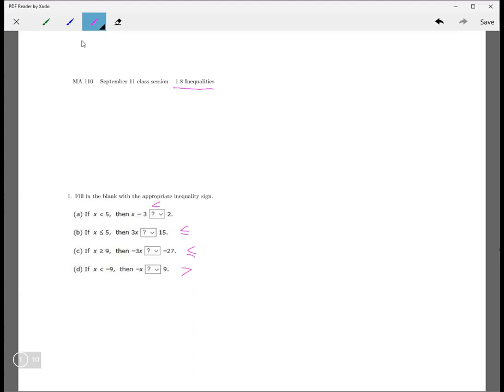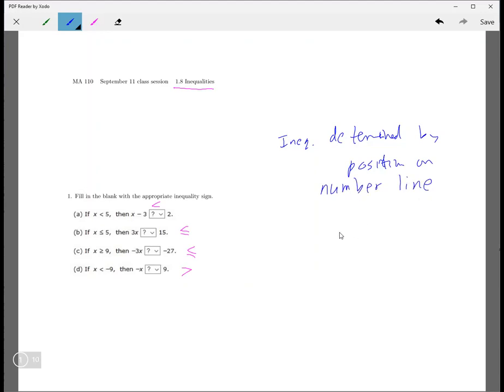To illustrate why that would be the case, inequalities are determined by position on the number line. Numbers to the left are smaller, and numbers to the right are greater.